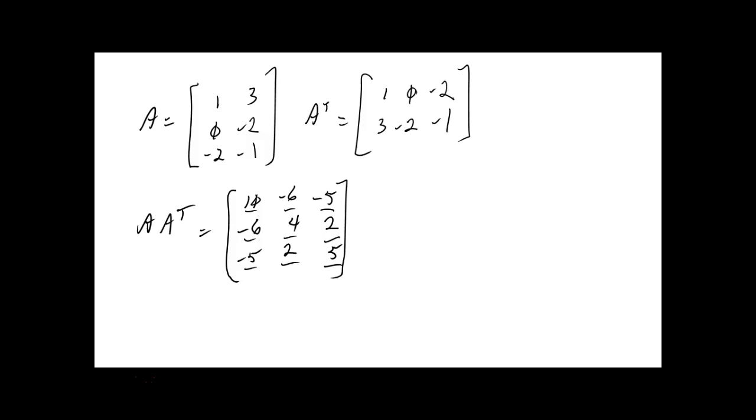Now, so it follows that, and I'll write down the conclusion here. It's basically what we just said, that A times A transpose is equal to A times A transpose, transposed, which implies symmetric.